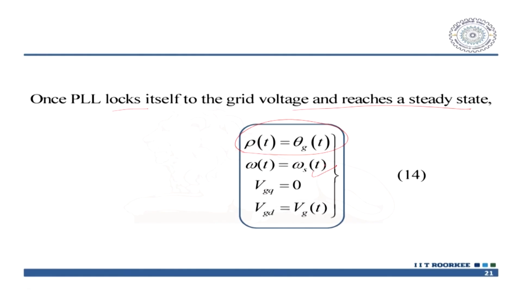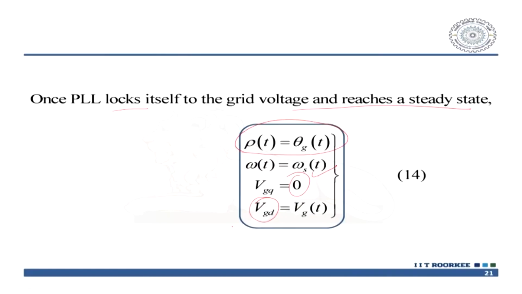Since you have totally aligned your d axis component to the a axis component, there is no q axis component in the voltage. For this reason your Vgq value will be 0 and thus your Vgd value will be equal to Vg. This is the way it will be converging in case of the PLL.